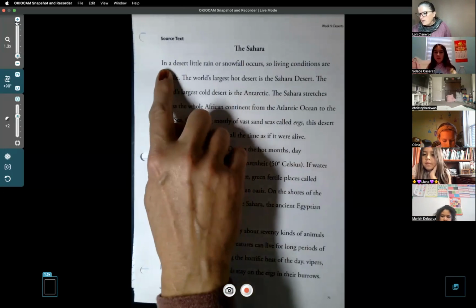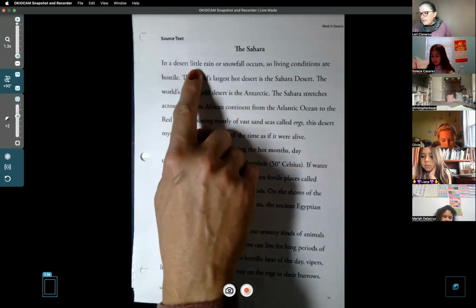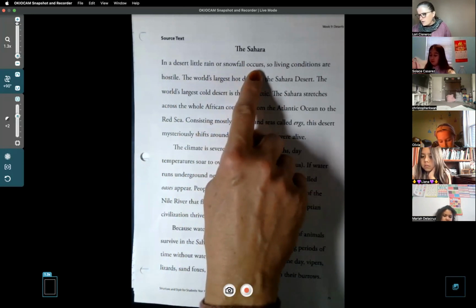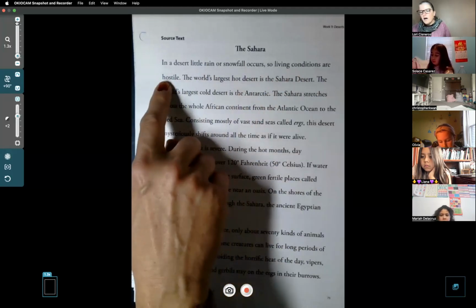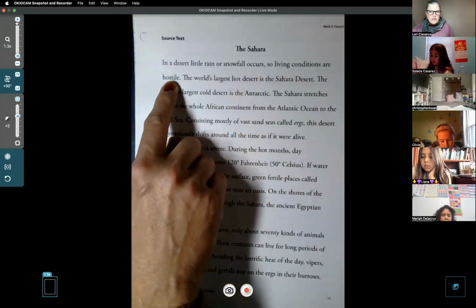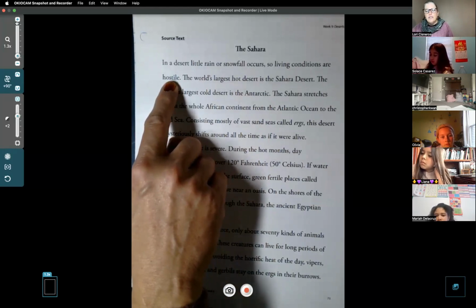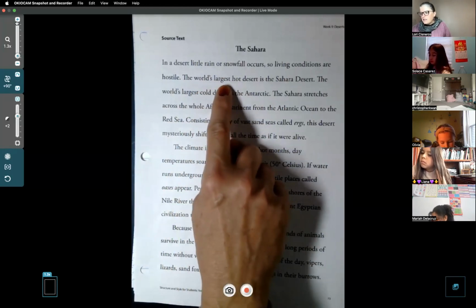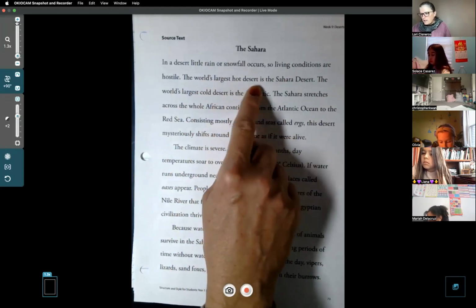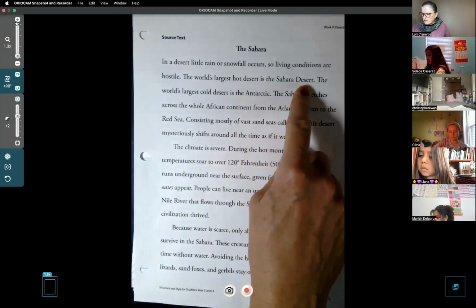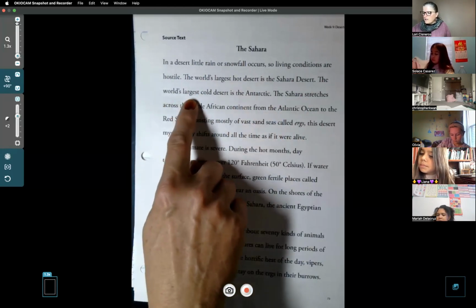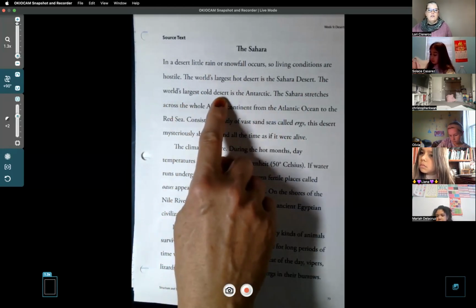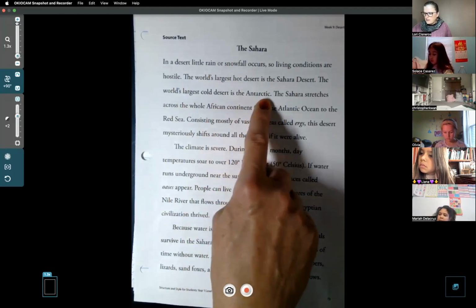So in a desert, little rain or snowfall occurs, so living conditions are hostile. That just means they're rough, right? It's really difficult to live on a desert. The world's largest hot desert is the Sahara Desert. The world's largest cold desert is the Antarctic.